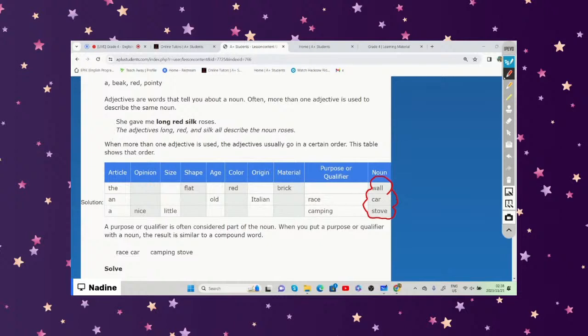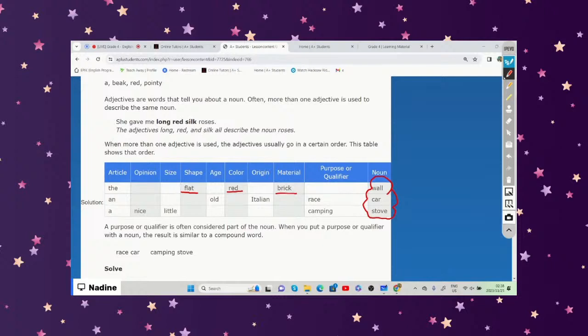Which means that if we, for example, say the flat red brick wall, then our adjectives that describe the wall are: flat, it is color red, and it is a brick wall.